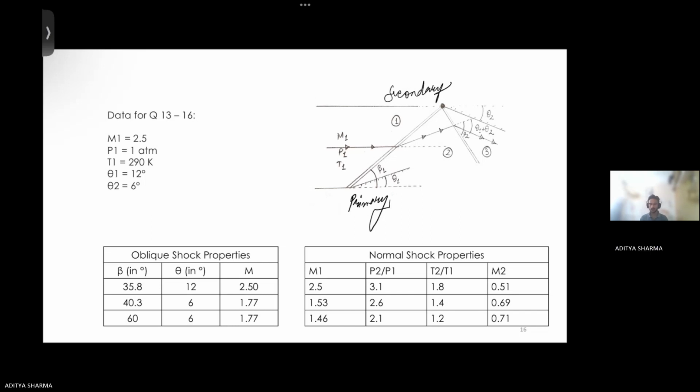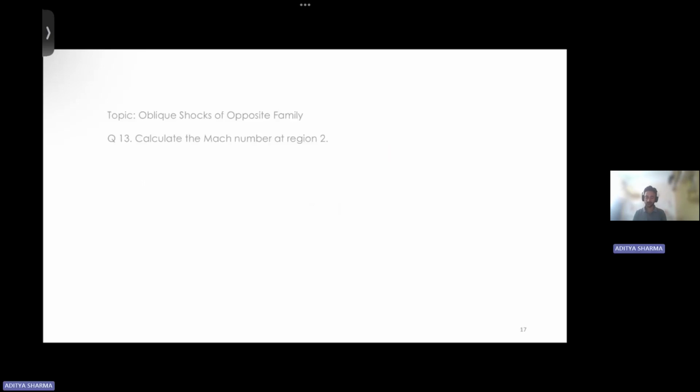Other than that, we have given. So let's see how to use these things and solve our questions, right? So we have first question, 13, to find the Mach number at region 2, right?